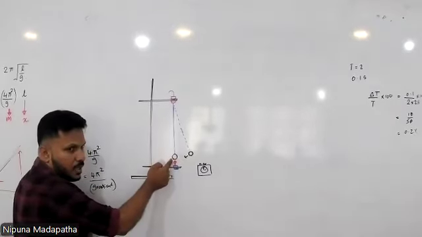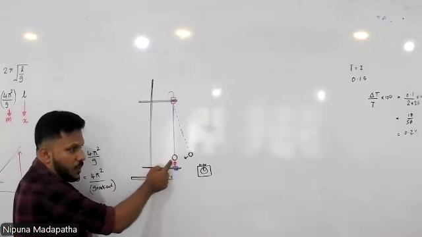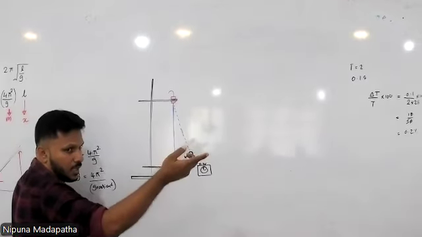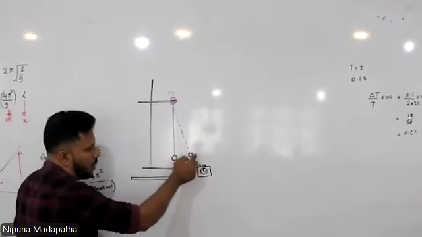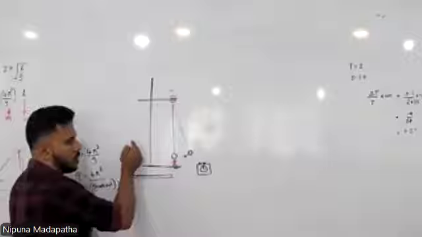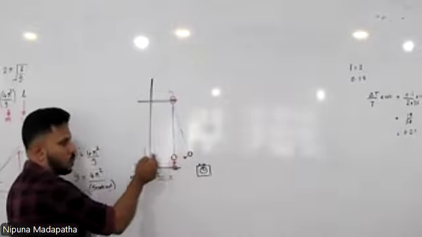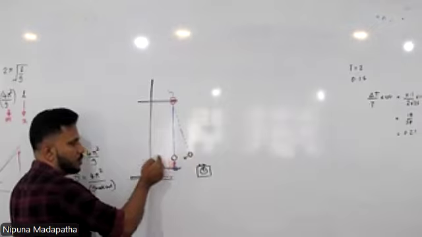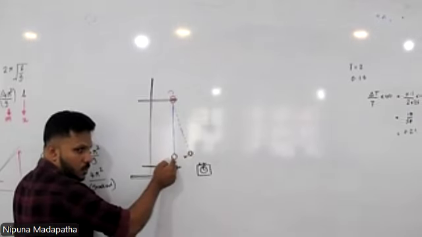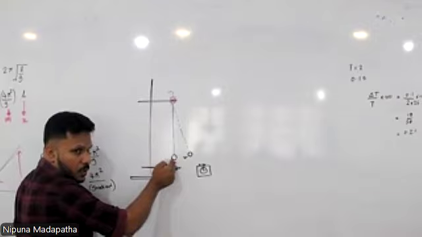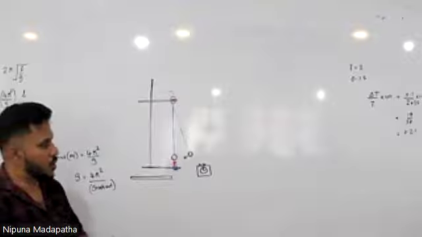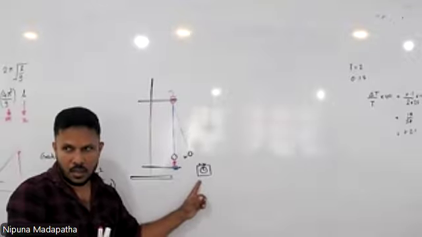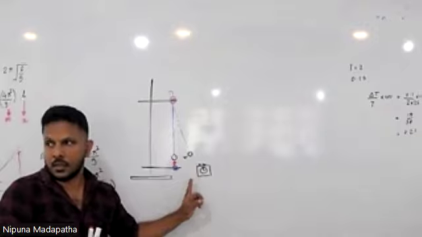The count should start after it has passed the reference pin and completed that. Then we count 3, then 2, 1, 0. At 0 you need to switch on the stop clock and start the time measurement.